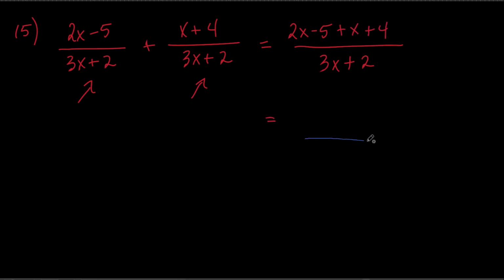So the denominator stays the same. I didn't do anything with that. Let's add the like terms. 2x plus x is 3x. Negative 5 plus 4 is negative 1. That's your answer right there. You cannot cancel out the 3's or the x's because it's being added or subtracted to other stuff. So that's how you do number 15.